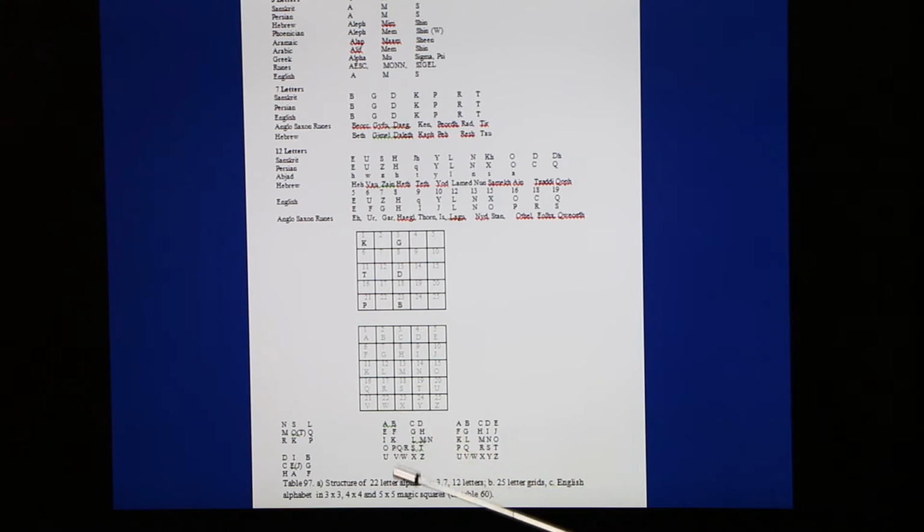If I do a 4 square thing, then the left column becomes A, E, I, O, U. And if I do a 5 square, then the vowels, the E, J, O, it gets all confused. So it depends on the letter grid that I'm using to see how it all works out.